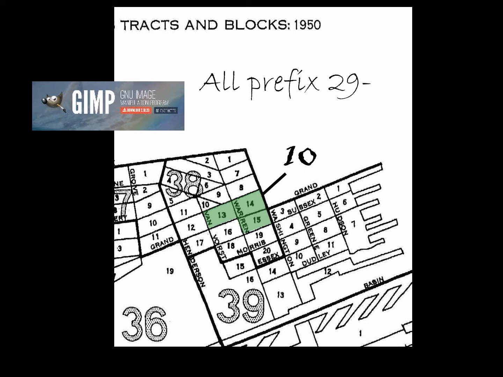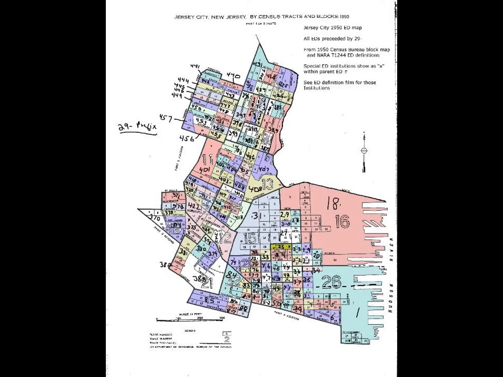And I'll show you what one of these maps looks like. So here we have one of the Jersey City submaps, and that's what it looks like after I've gone through, just doing the census tracts and the blocks, and just adding color.